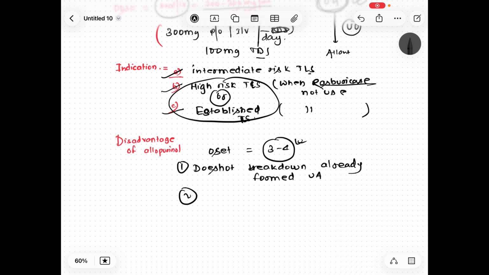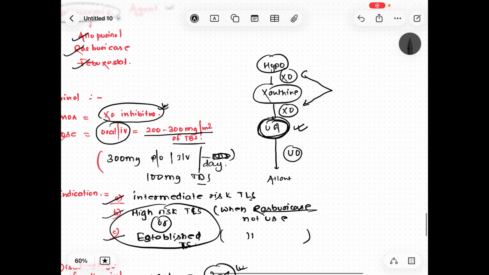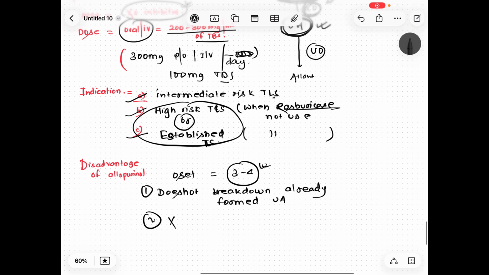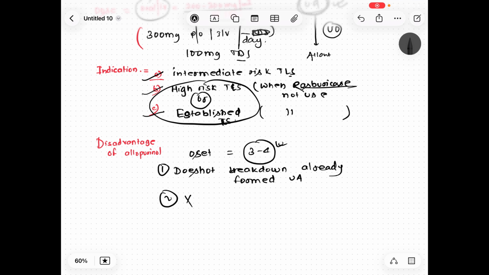By inhibiting the xanthine oxidase enzyme, it can cause increased levels of xanthine, which get excreted in the kidney. Xanthine is actually insoluble, so it can get deposited in the kidney.